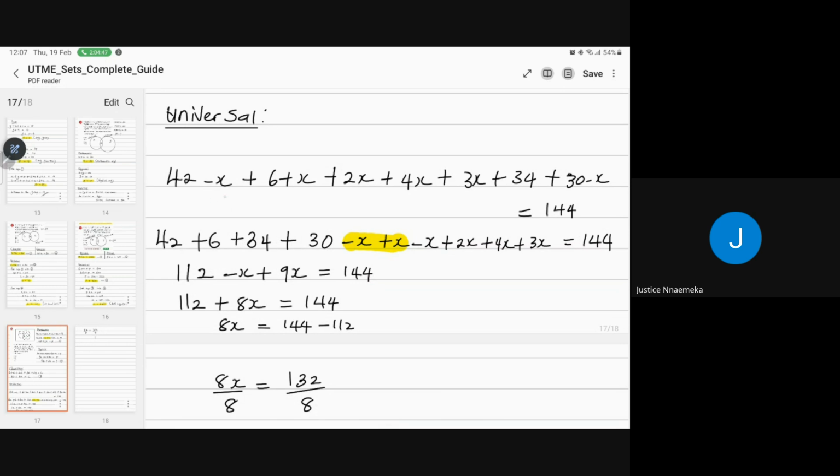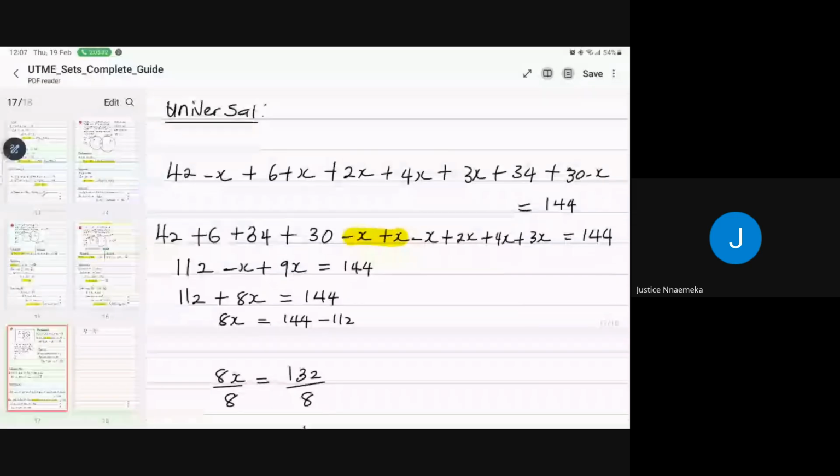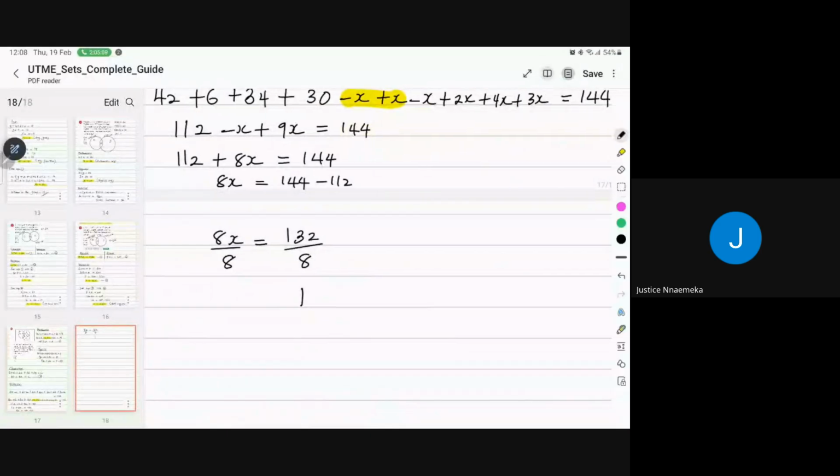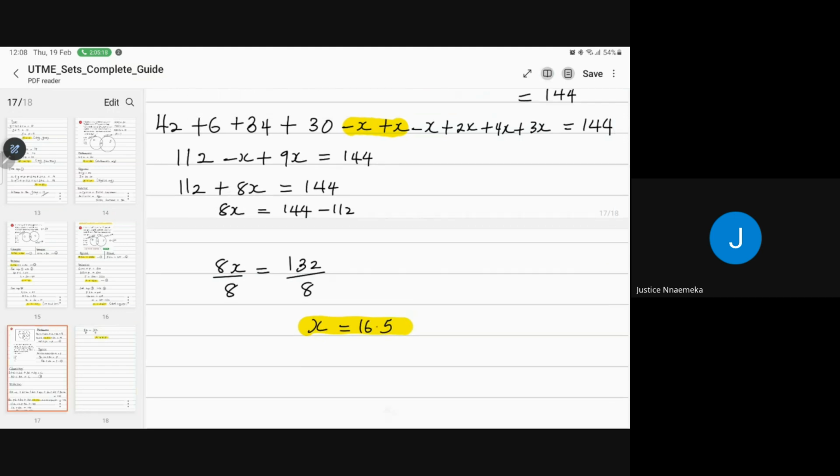Then minus x plus x has gone out. 2x plus 4x is 6x, plus 3x is 9x, but we had minus x. 144 minus 112. Let's continue. x will give us 16.5, that's what mathematics gave us. So x equals 16.5.